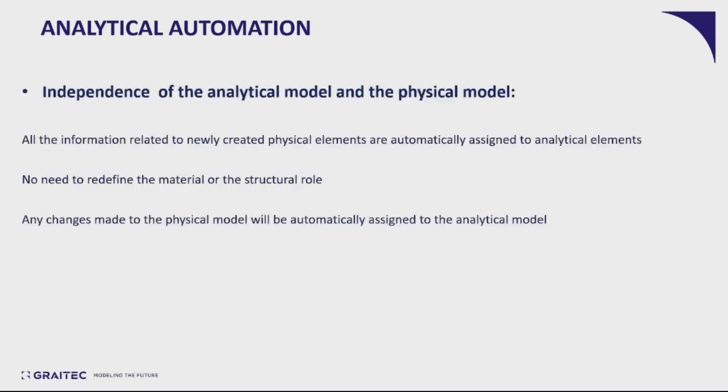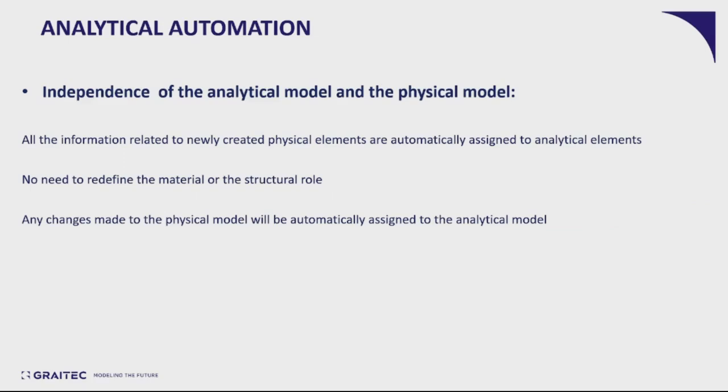The analytical automation can be summarized by the following statement: it is the independence of the analytical model and the physical model. All the information related to newly created physical elements are automatically assigned to the analytical elements. There is no need to redefine the material or the structural role of any analytical element.